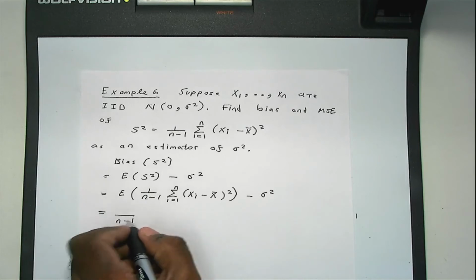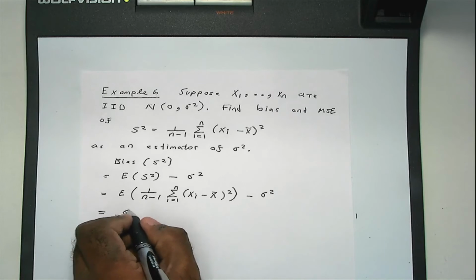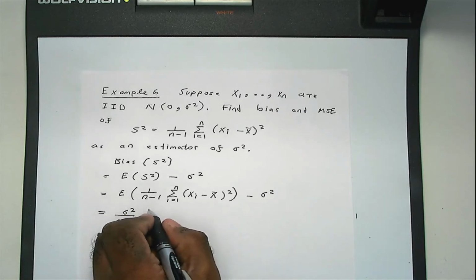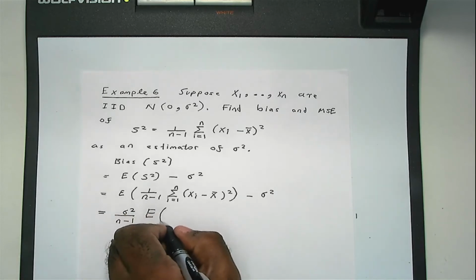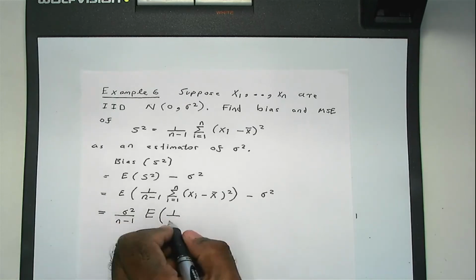Also I'm going to multiply by sigma squared. You'll see why I'm doing this in a minute. And because I have multiplied by sigma squared, I need to divide by the same.